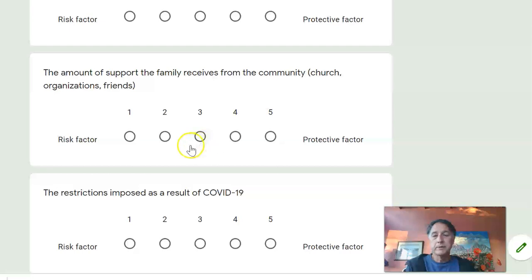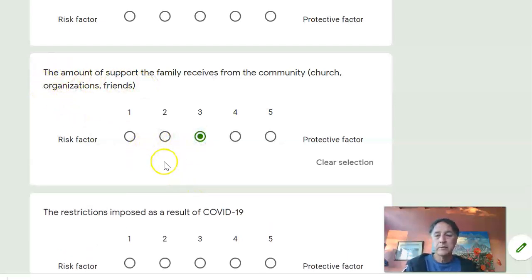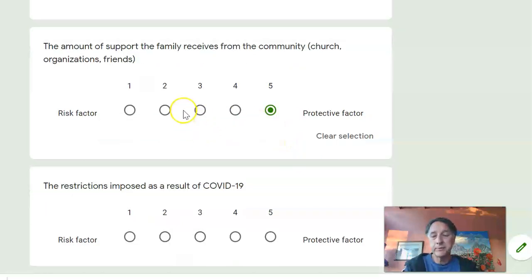For the simple reason that I can analyze statistically the results in my survey for each question individually. So I could say 20 people answered 3, maybe 35 people said this is a risk factor, or maybe 35 people or 40 people said this is a protective factor.